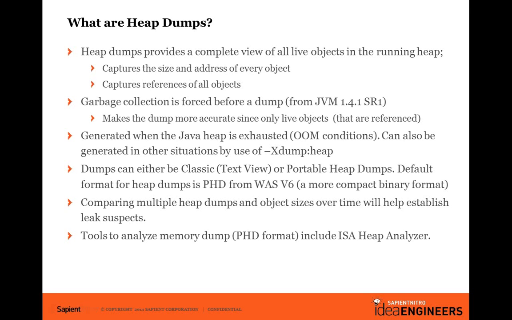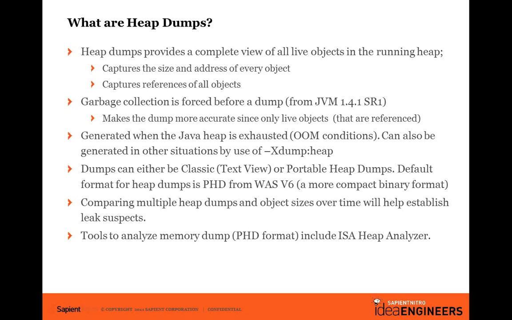The good thing about heap dump here is that a garbage collection is forced before a dump. It will force a GC just before taking a dump because it will clean all objects so that your heap dump only has objects of interest: objects that are still referenced and somehow not cleaned by garbage collection.